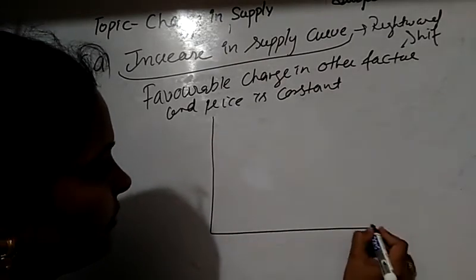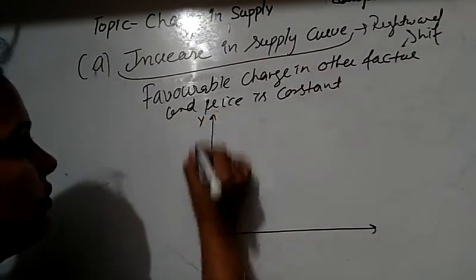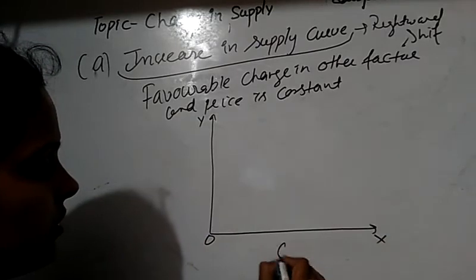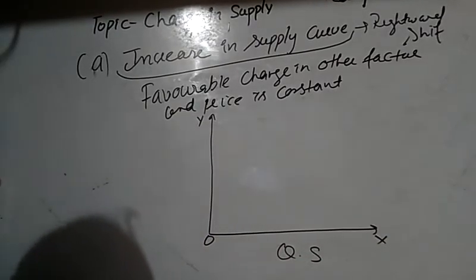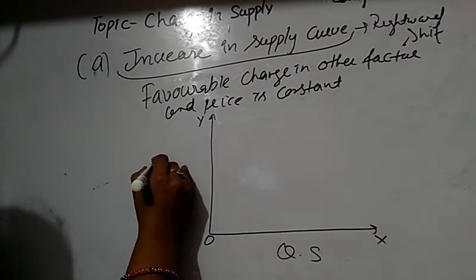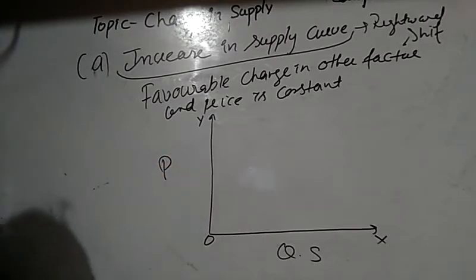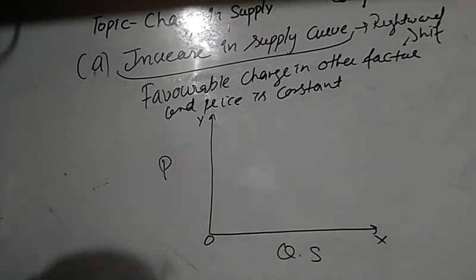So this is a graph, Y O X, with quantity supplied on the x-axis and the price of the product on the OY axis. Students, now we are discussing shift.